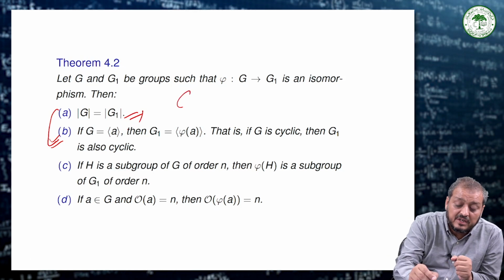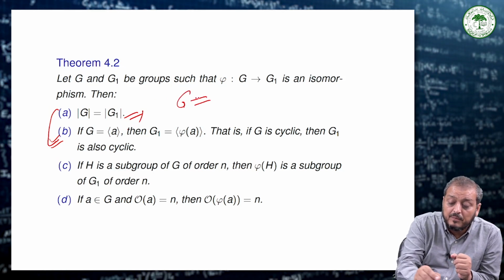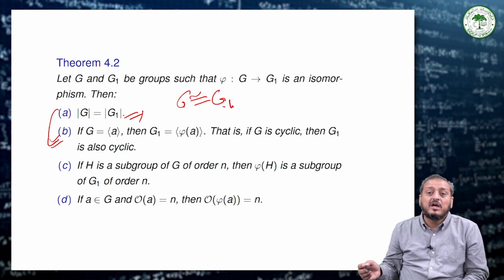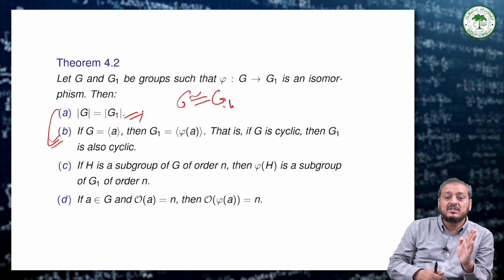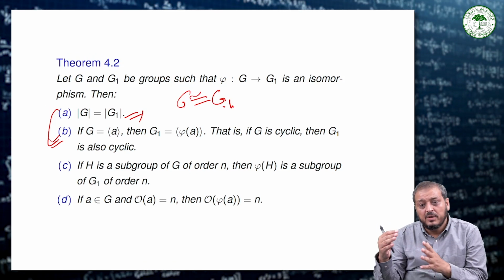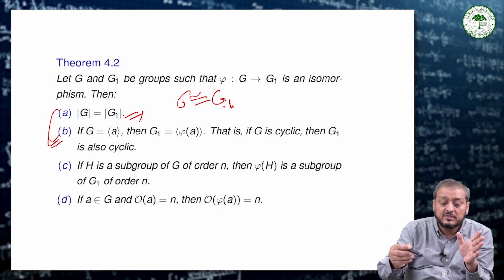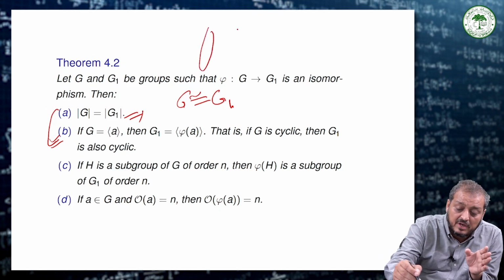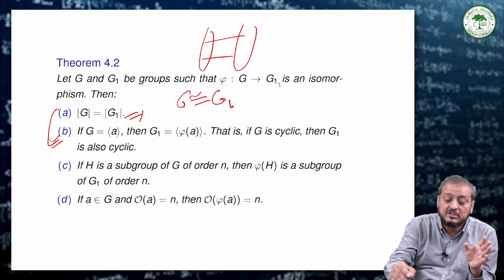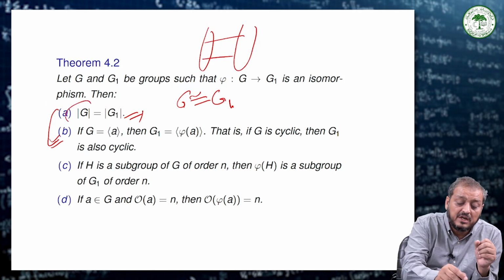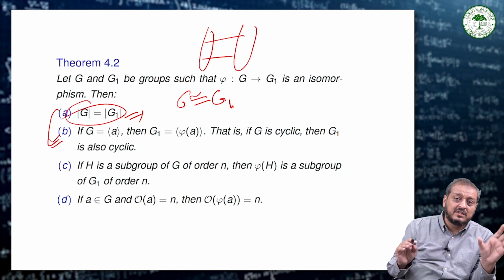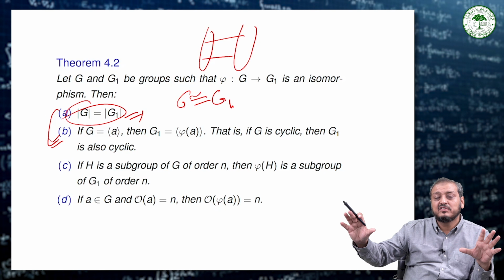Since phi from G to G1 is an isomorphism, this means there exists a bijective function from G to G1. If it is bijective, every element of G1 is the image of an element of G, so the number of elements in the two sets is the same.